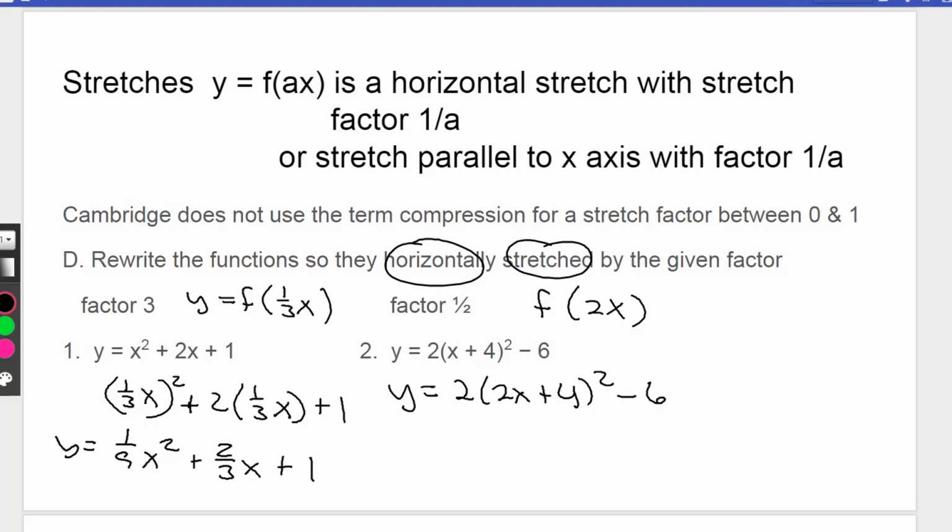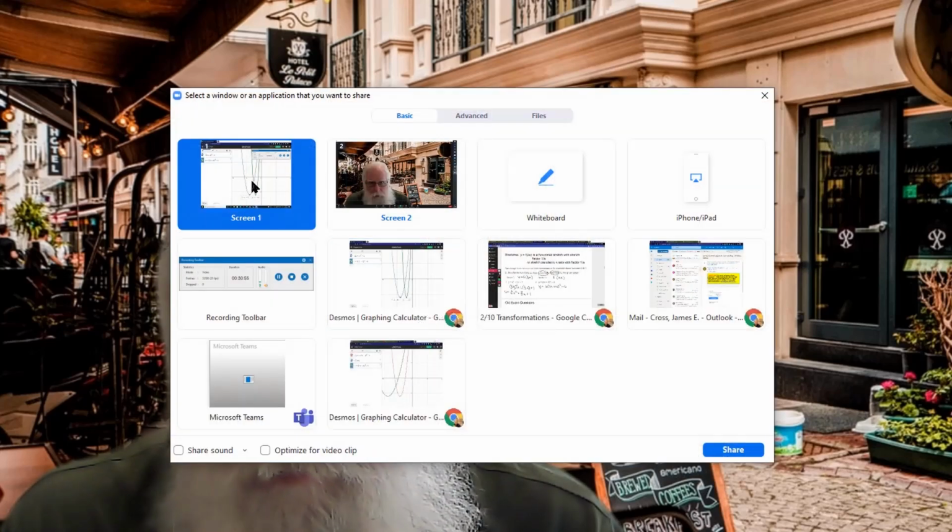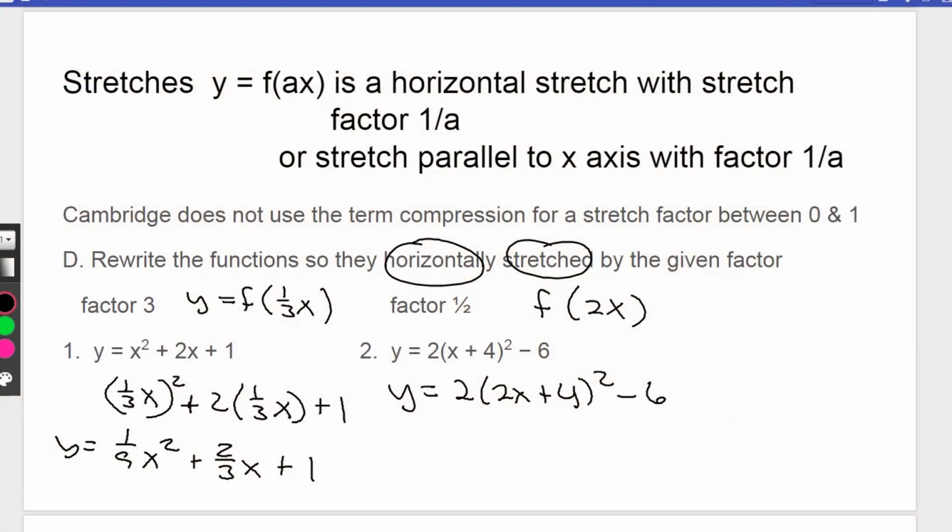So if I want to compare these two graphs, you can see here the blue one is the original and the green one is the new one. And if you take a look at the two vertexes, it used to be negative 4, but now the x is half as big, and it still matches up with the negative 6.